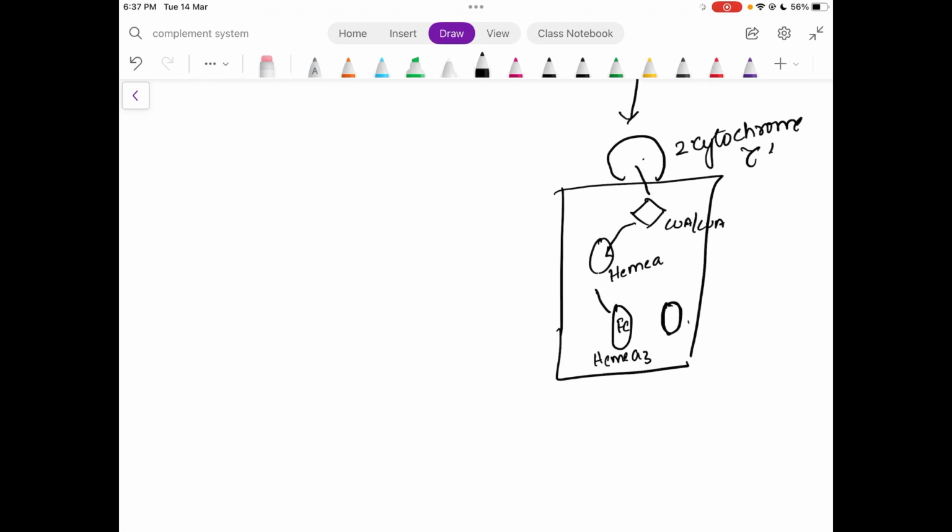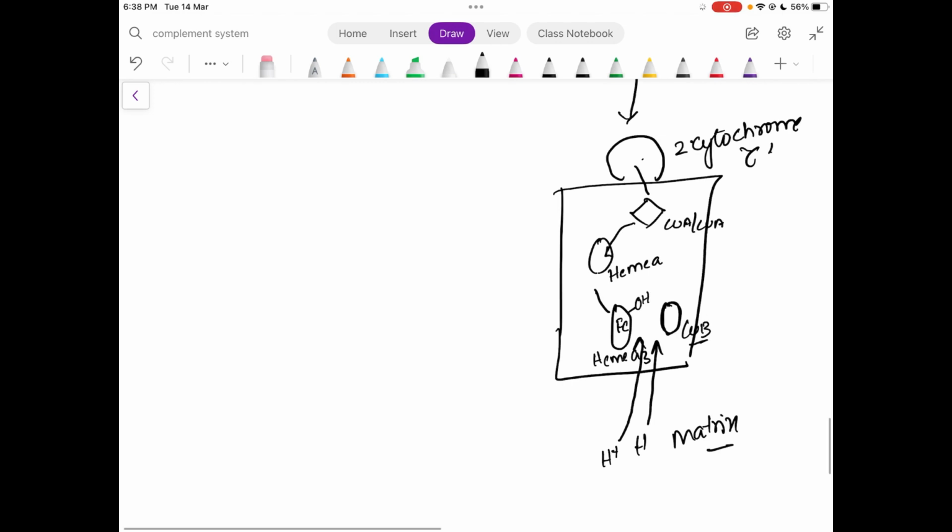With the passage of these electrons, at this copper B, there is a transport of H plus ions from the matrix into the complex. What will happen here? Oxygen will bind with the hydrogen atoms, and they will form OH, hydroxyl groups.